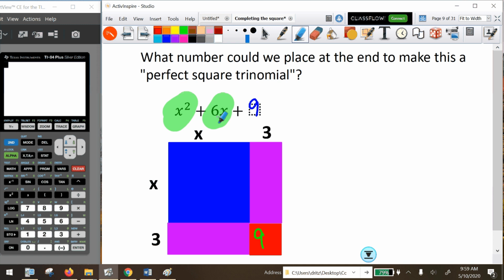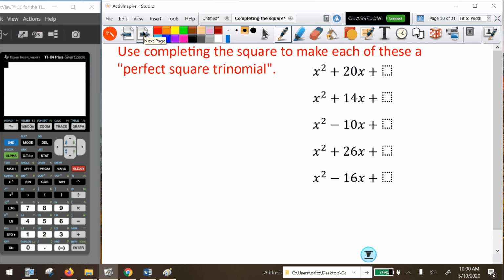It happens to be half of this number squared. And you can kind of see that from the geometry down here. We took that 6 and we split it in half here and here. And then when you square that, you get this number. So if I had to fill in the missing number here to make this a perfect square, I would take half of this and I would square it.